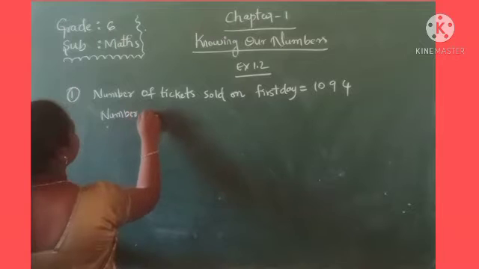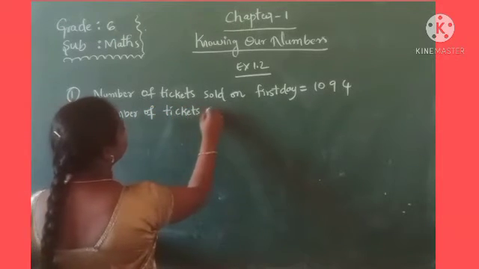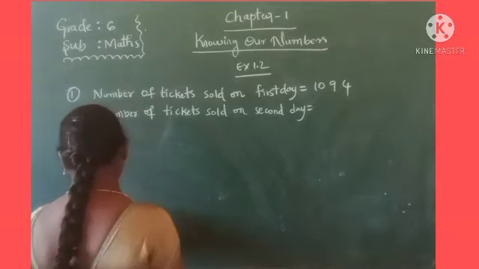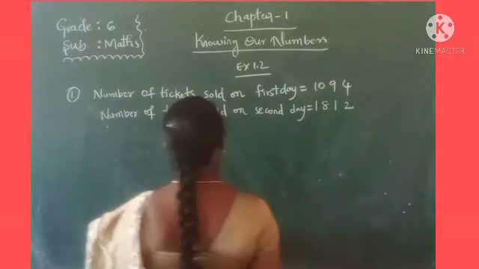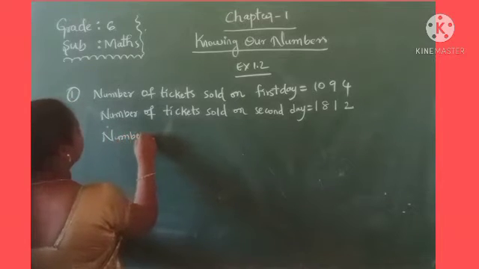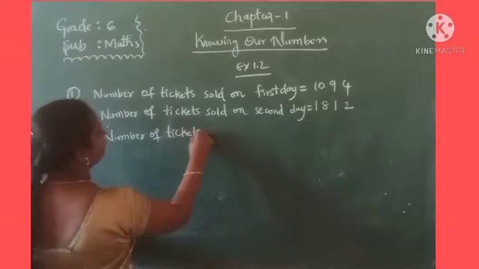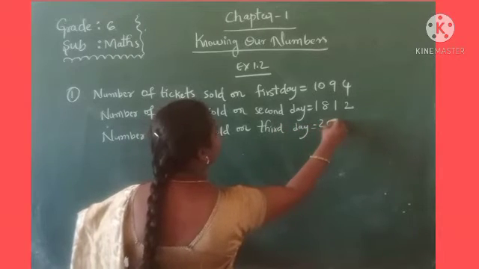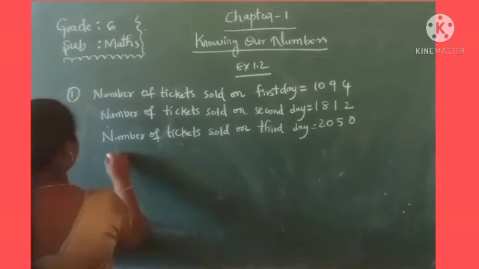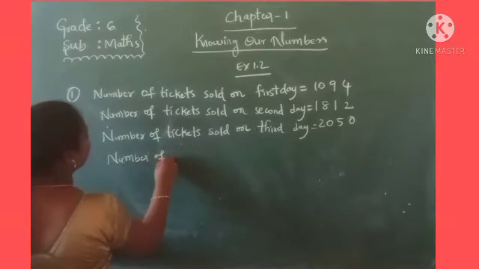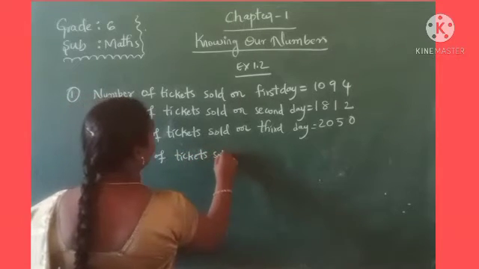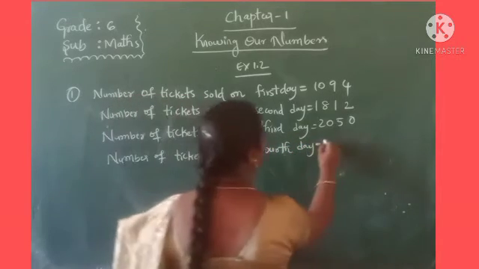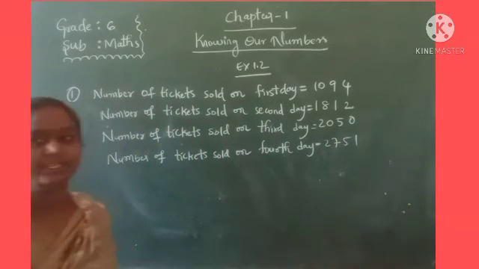Similarly, the number of tickets sold on the second day: 1812. The number of tickets sold on the third day: 2050 tickets. And the number of tickets sold on the fourth day: 2751.